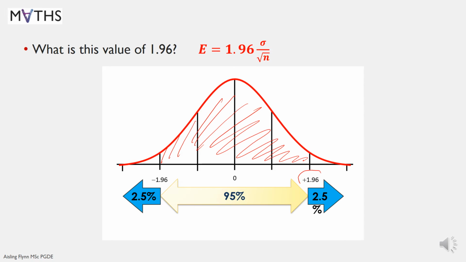It's actually 1.96, okay, so this is a z-score, 1.96, and here's its opposite on the other side, minus 1.96. So 95% of the time the value will land in this proportion. Okay, so that's where 1.96 comes from.